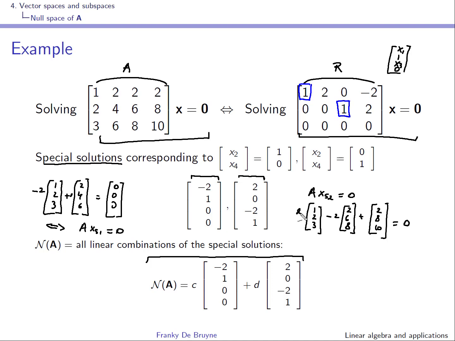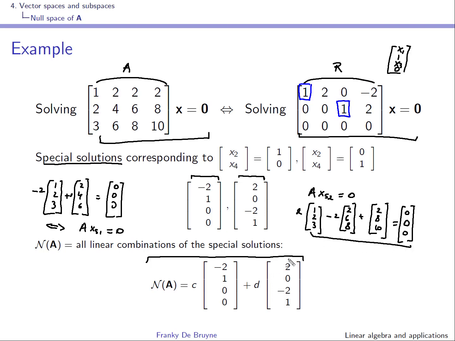If we check, 2 minus 4 plus 2 is 0. Here it's a vector, so I should write it like this: 4 minus 6 minus 12 plus 8, it's a 0. So indeed this is correct.